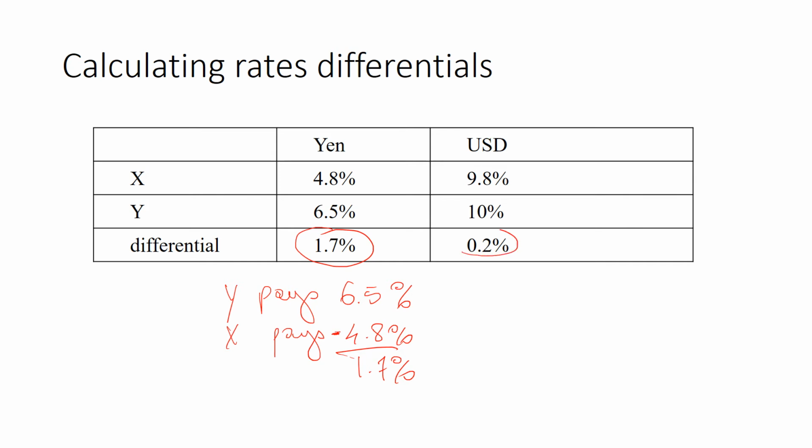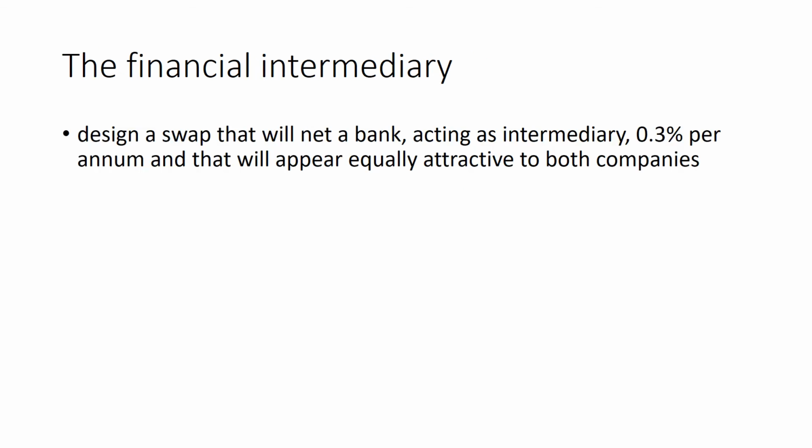If you do the same in the US market, you see that the differential is much lower. So Y pays a differential that is lower in the US market than it does in yen. This is why you say that company Y has a comparative advantage in the dollar market. And this is not because it pays a lower interest rate, it's because the differential of interest rate between this company and the other company is lower in the US market than it is in the yen market.